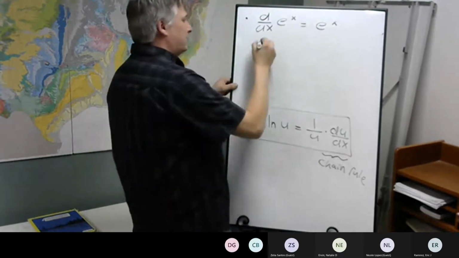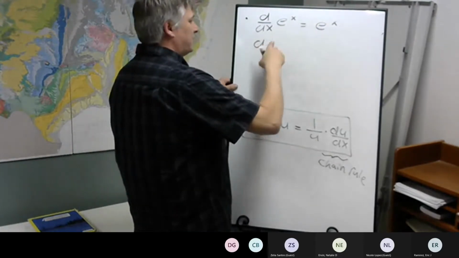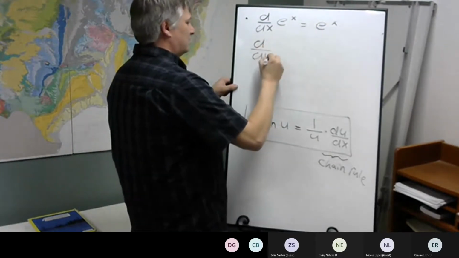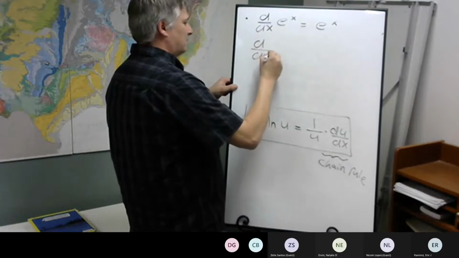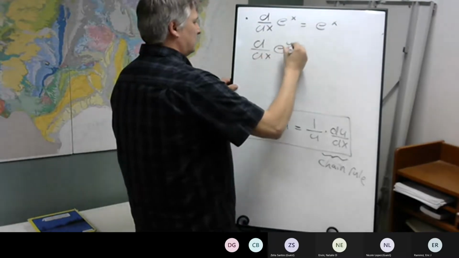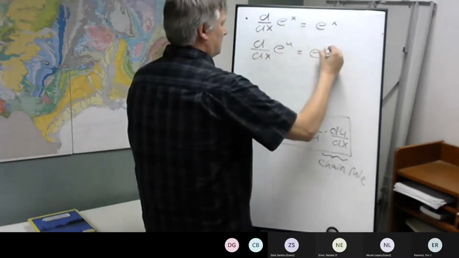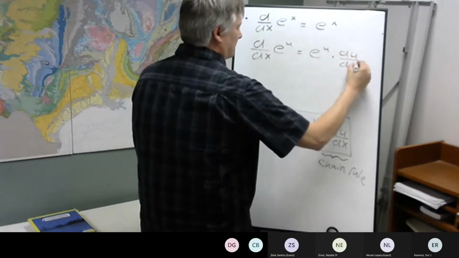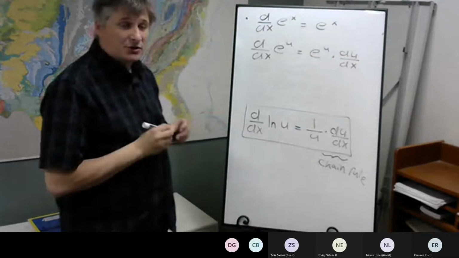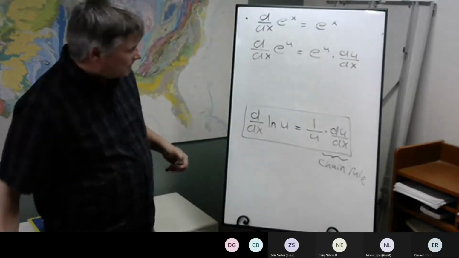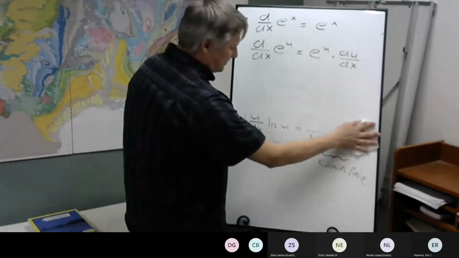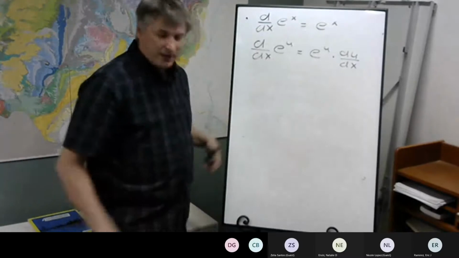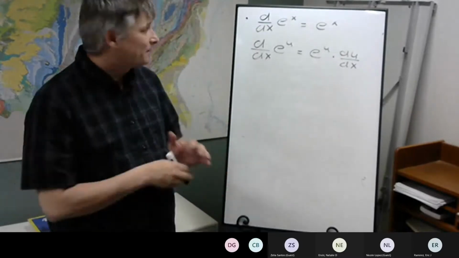Or put another way, you could also see it this way. Again, using our chain rule. But what happens if we have a base other than e?